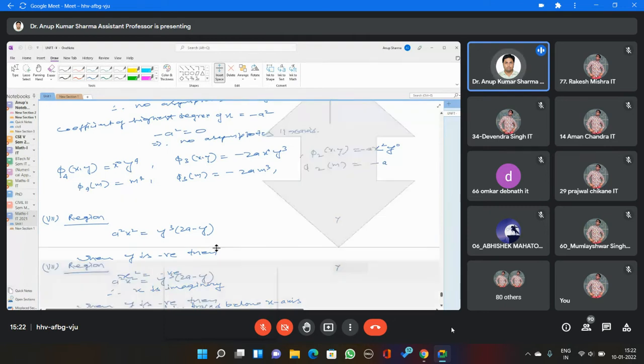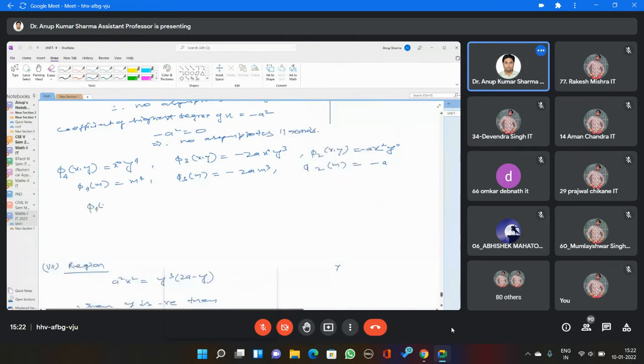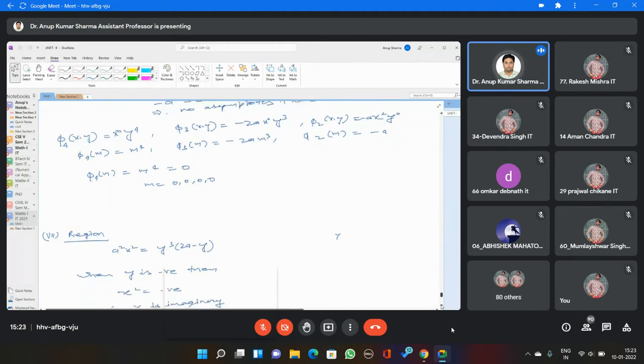After that we equate the highest degree term to 0 to find the roots, meaning the values of m. So m is equal to 0 repeated 4 times. That means there are 4 slope values 0, so there could be 4 asymptotes on the basis of this.